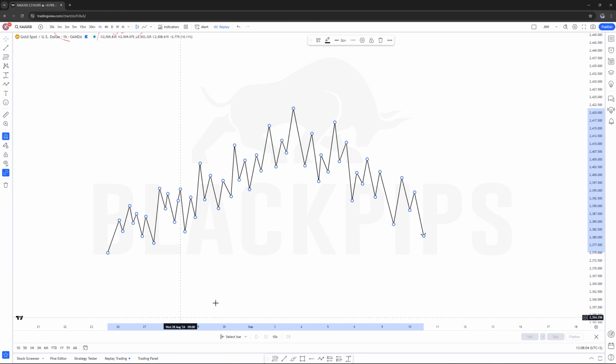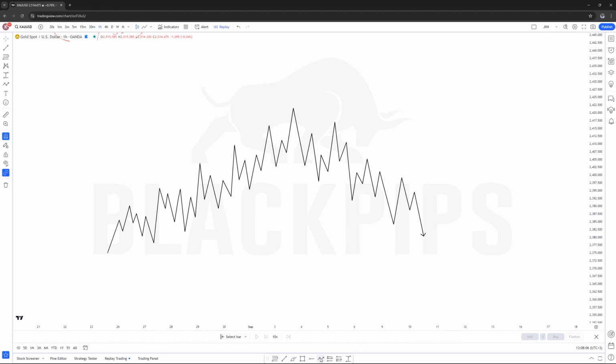But when you go to the daily time frame, maybe you can find something like this. Swing high, swing low, swing high, swing low, swing high, swing low, swing high, swing low, swing high, swing low.